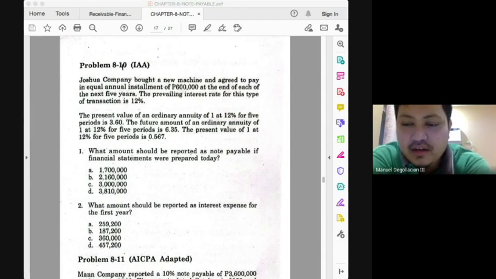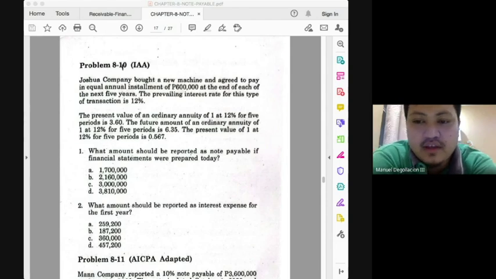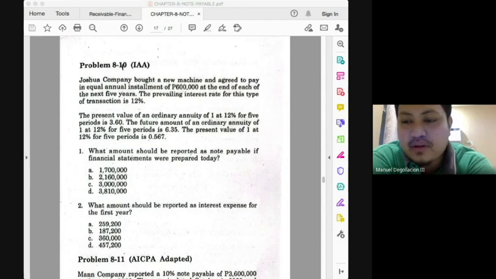When you add all the present values of the five 600,000s together, you will now get the present value.